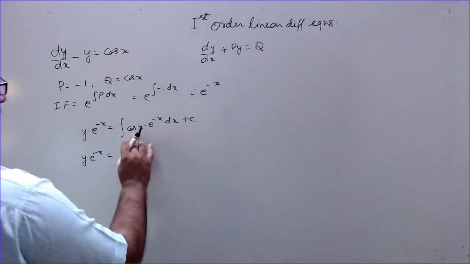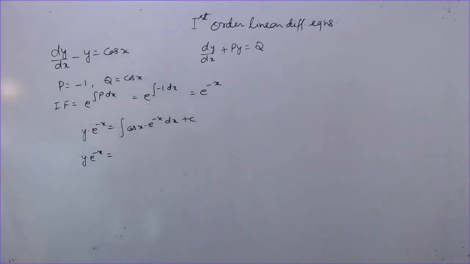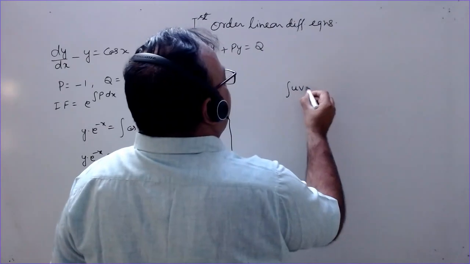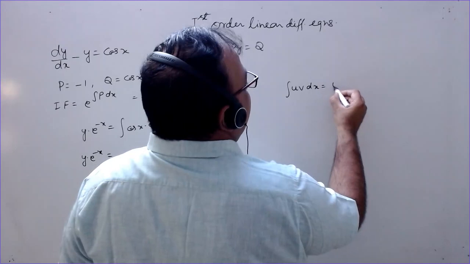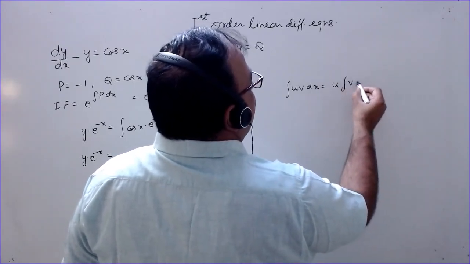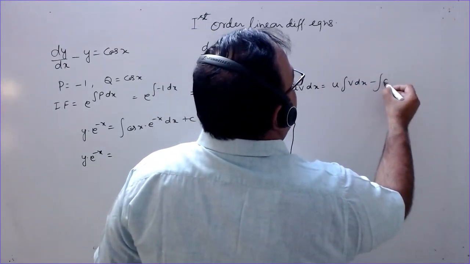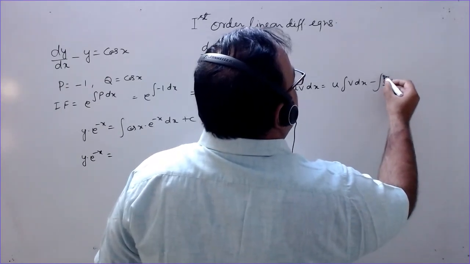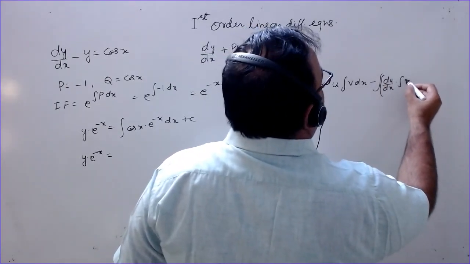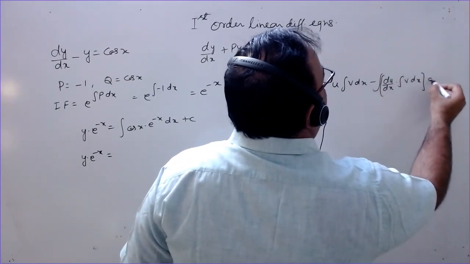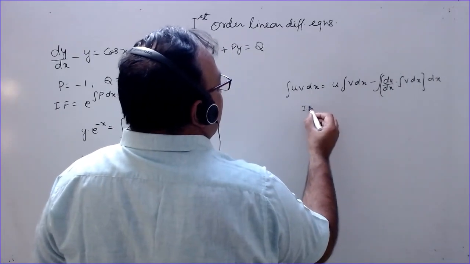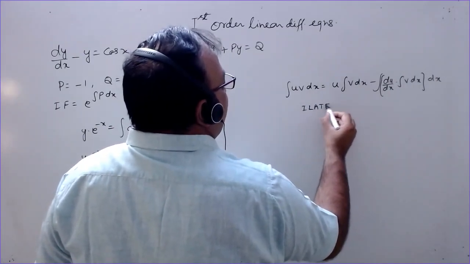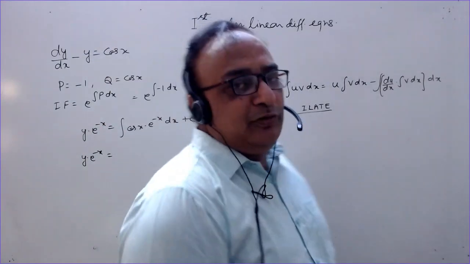So you can take this or this as first function. By the convention, the formula is integral of u v dx, where u and v both are functions of x. If I take this as first function, it is first function into integral of second function minus integral of du by dx, the differential of first, into integral of second function, and whole integral. Remember that this is a generally followed rule.